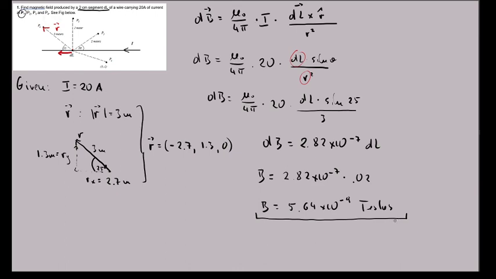Alright, so I did P1, P2, P3, and P4, that would be for you to do. I only calculated the magnitude of this. As far as the direction is concerned, you could use the right-hand rule to figure this out. So in this specific case, if you were to use your right hand and point your thumb in the direction of the L here, or the direction of the current, and then curl your fingers, you would find out that the magnetic field points into the page at this location.